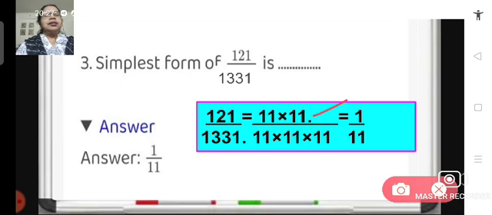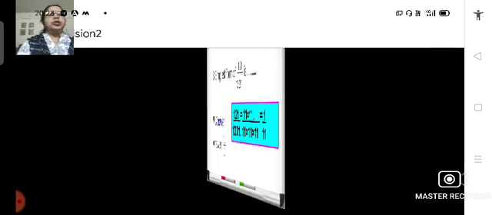So, we can cancel these 11s and what do we get? We get 1 upon 11 as a fraction, which is the simplest form of 121 upon 1331. Let's move on to the next problem.